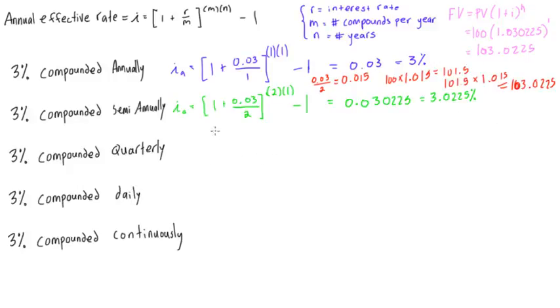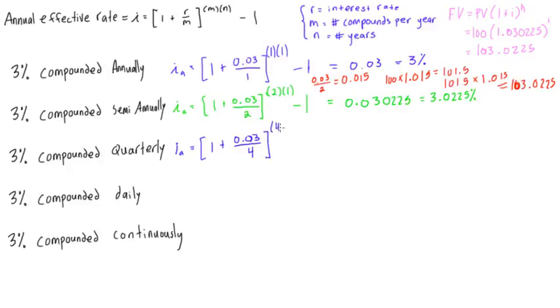So we want to do 3% compounded quarterly. So what we do is we just have i_a is going to equal 1 plus 0.03 over 4, because quarterly means we're doing it 4 times per year.